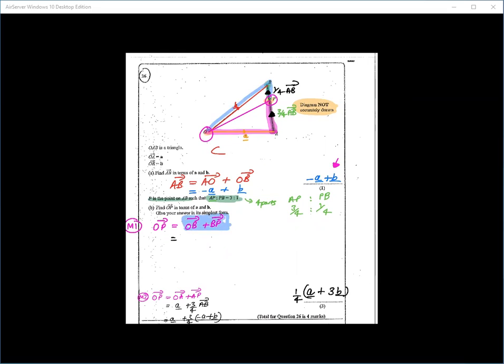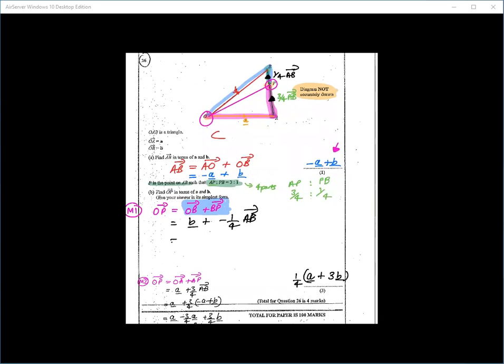So you explain your method to us, please. B plus minus a quarter AB. So B plus minus a quarter A. At the moment, yeah, you would, because you go in the opposite direction. Okay, next. B plus minus a quarter.